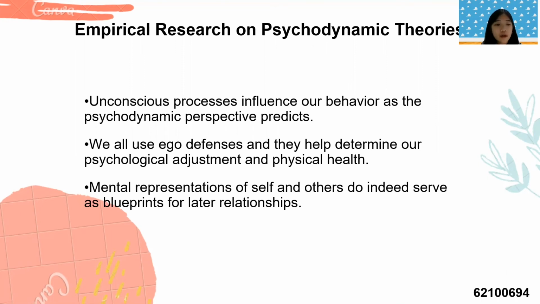The second one: we use ego defenses, and they help determine our psychological adjustment and physical health. We rely on different ego defenses, or we have defense styles. Denial is quite literally bad for your health, because people who use denial tend to ignore symptoms of illness until it is late.